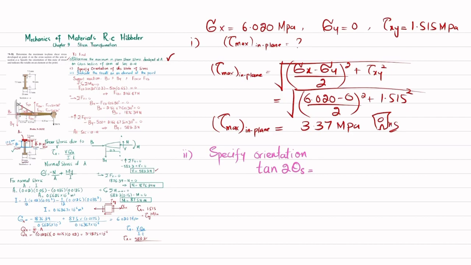Tangent of 2 theta s is equal to minus sigma x minus sigma y divided by 2, divided by tau of xy. So put the value: minus 6.020 minus 0 divided by 2, divided by tau of xy, which is 1.515.